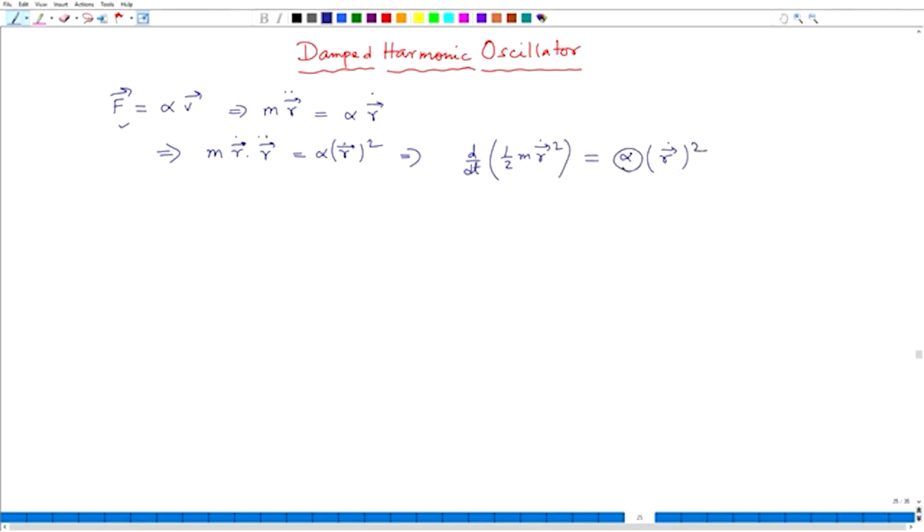Now, if I choose alpha to be less than 0, then this will always be less than 0, and so it guarantees that the total kinetic energy of your system decreases.